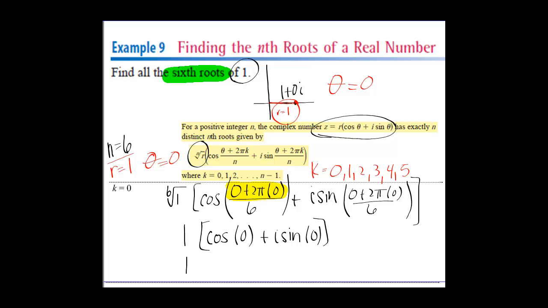Inside my brackets, cosine of 0 is 1, plus i sine of 0. Well, sine of 0 is 0, so this second term, my i term, cancels off. So the first root of 1 is simply 1. Box that answer. 1 down, 5 to go.